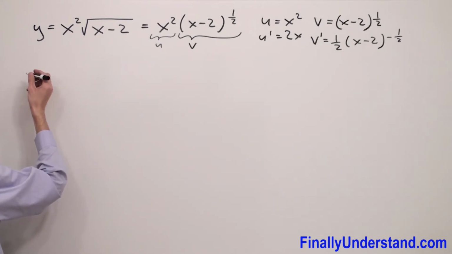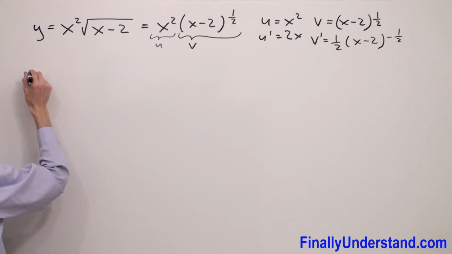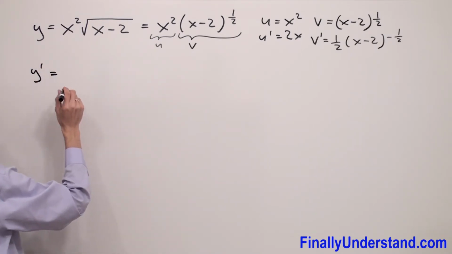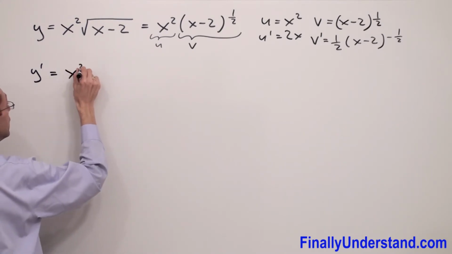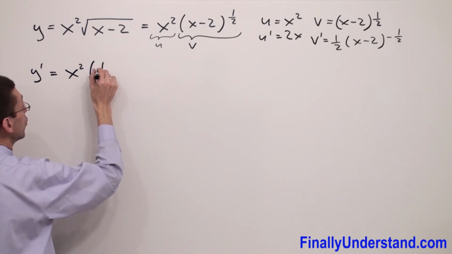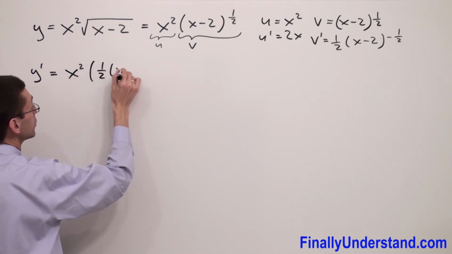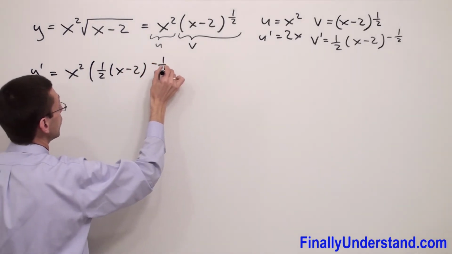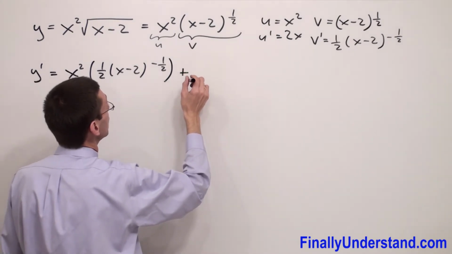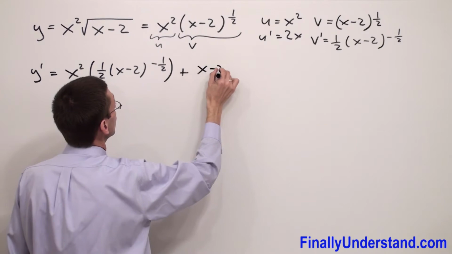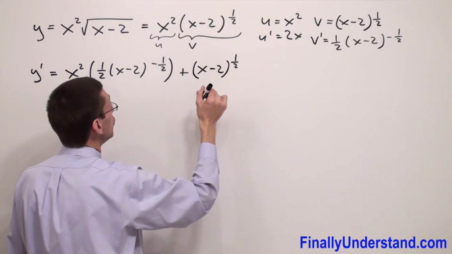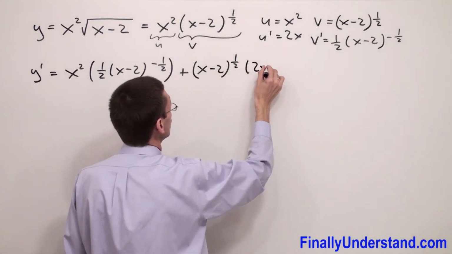So now we're supposed to use the formula for the derivative of the product. So I have y prime is equal to u. u is x squared times v prime, derivative of v, 1/2 (x minus 2) to power negative 1/2, plus v. v is (x minus 2) to power 1/2 times u prime, which is equal to 2x.